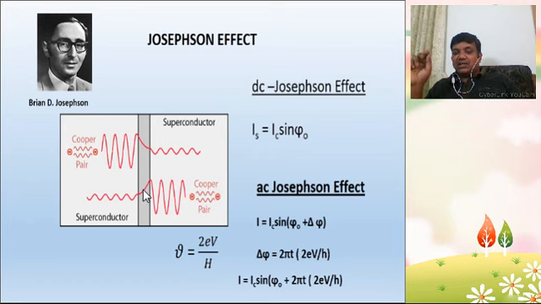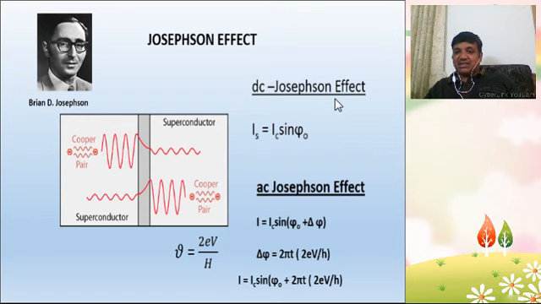When two superconductors are separated by an insulating layer, one superconductor will have a Cooper pair and the other superconductor will have a Cooper pair, and these two Cooper pairs will have a phase difference between themselves. Because of this phase difference, a super current flows through the insulating layer from one place to another, and this super current Is is equal to Ic, the critical current, into sine of phi naught. This is called the DC Josephson effect.